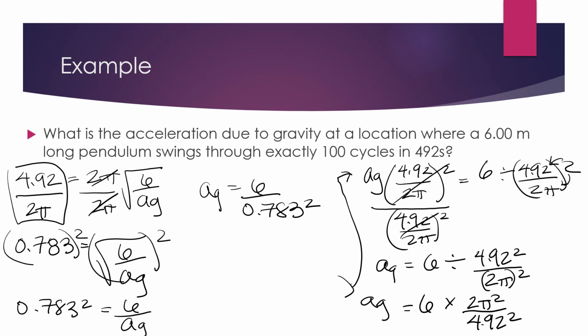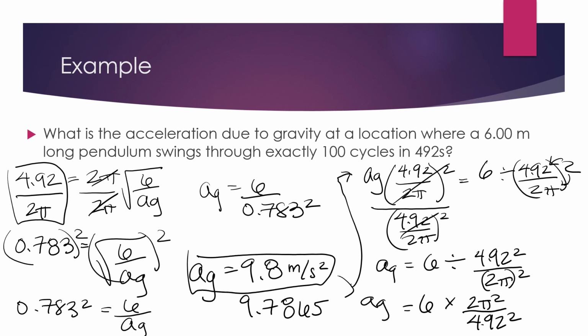Either way, when I do that, I get the acceleration due to gravity as 9.8, because I need 2 sig figs. My answer was 9.7865 something, but I need 2 sig figs, so here we go. Why 2? Because 1 equals 2 in sig figs. Okay, that was a tricky one.